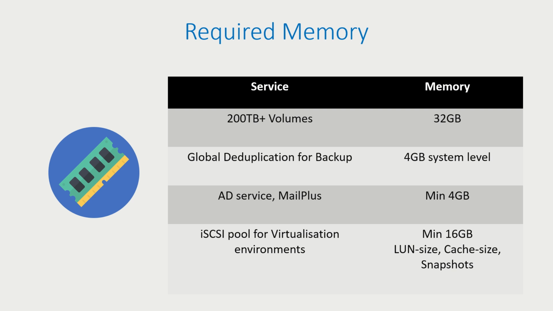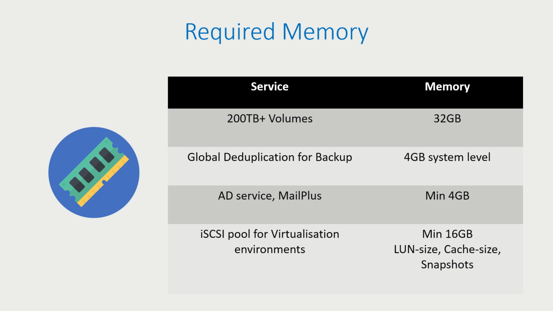Anything with a database like Active Directory, MailPlus, Synology Drive, that can benefit from memory. So a minimum of 4 gigs. And again, if you have a more specific setup and you don't want to overinvest in the RAM, just let us know. Get in touch with us.